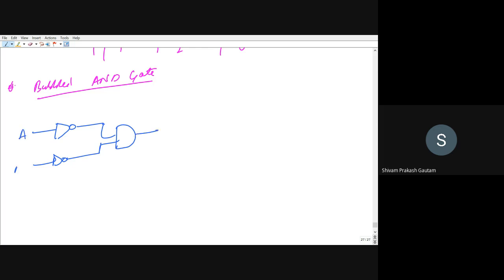Here it will be A, B, so it will be A bar, B bar, and when it passes through this AND gate, it will be A bar dot B bar, right? In short, you can represent this by an AND gate with bubbled inputs.